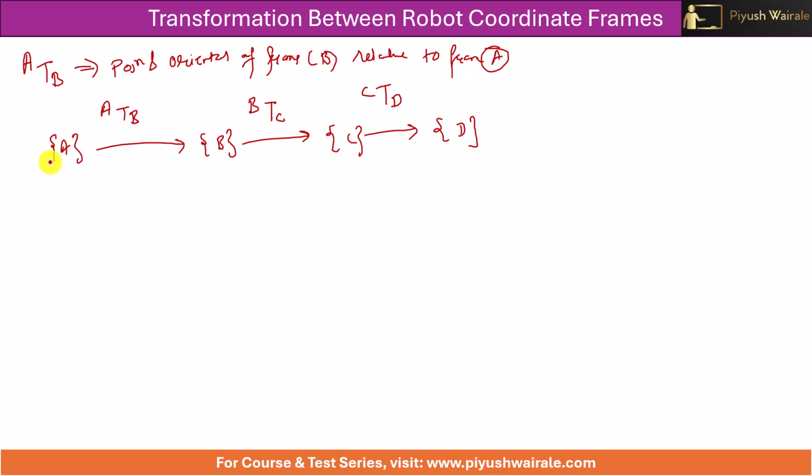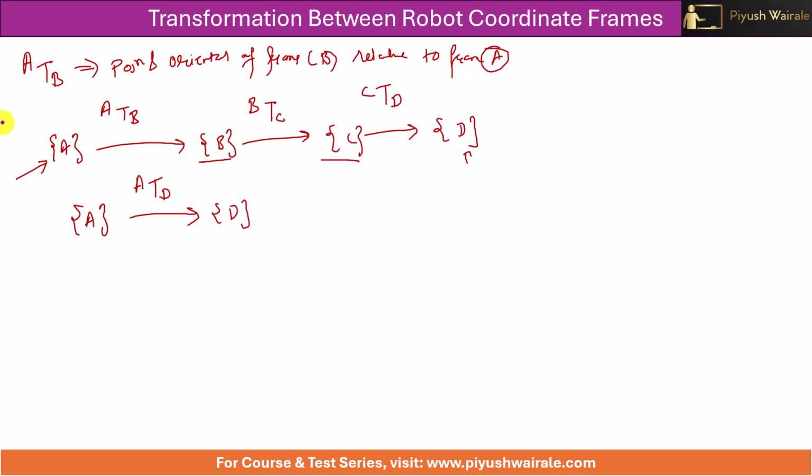Now, how can we represent the final transformation? We started from frame A, and we have reached frame D here. If I directly write it down from frame A to frame D, we can represent it as A T D. But we have gone through this series of transformations.